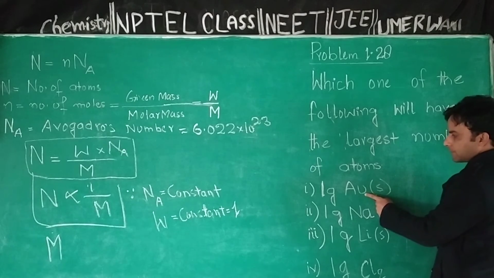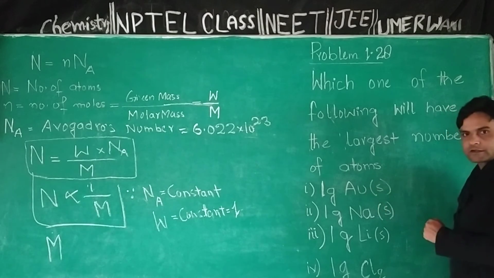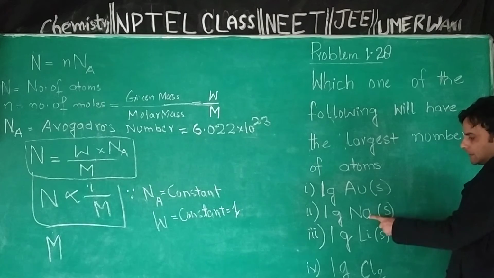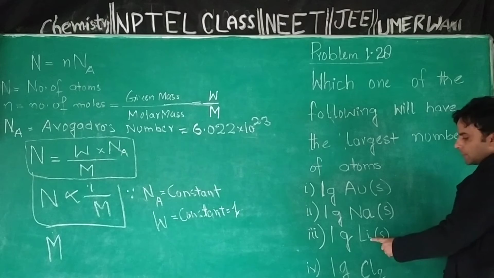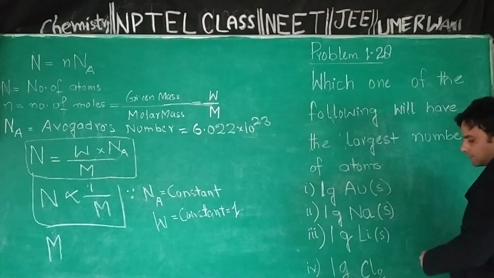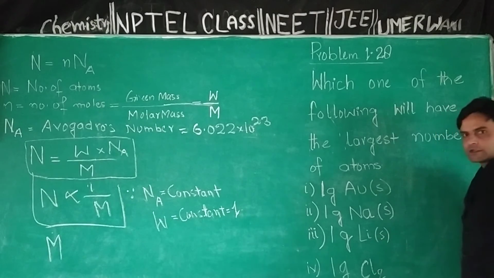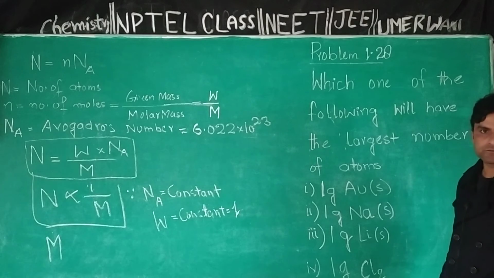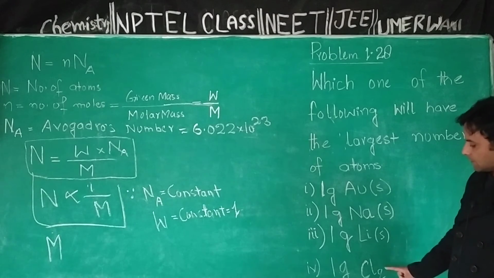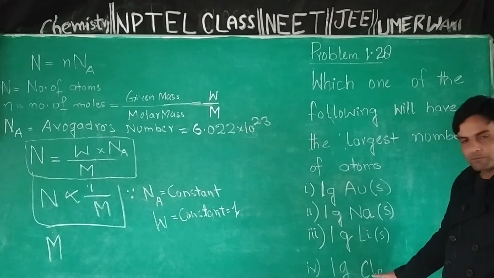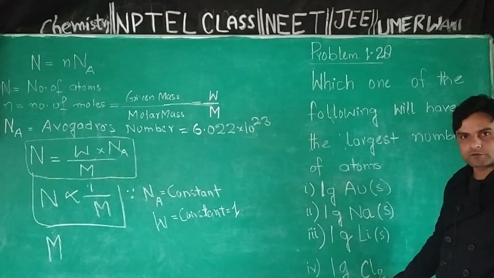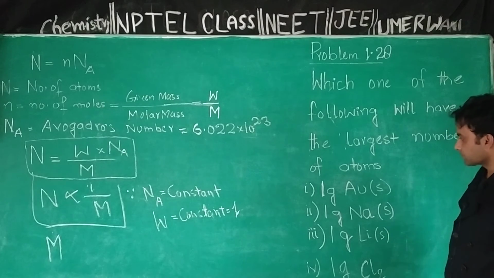Molar mass of gold is 197, molar mass of sodium is 23, molar mass of lithium is 7, molar mass of chlorine is 35.5. I am taking, though it is molecular, its gram atomic mass 35.5.